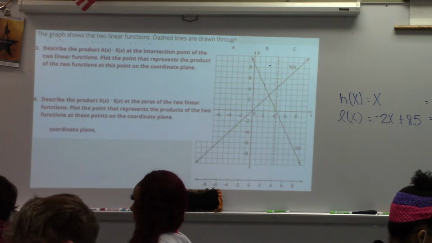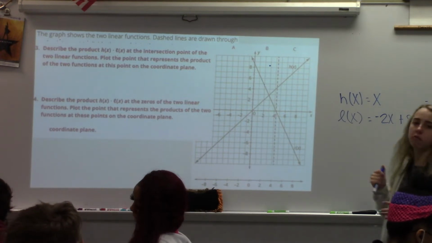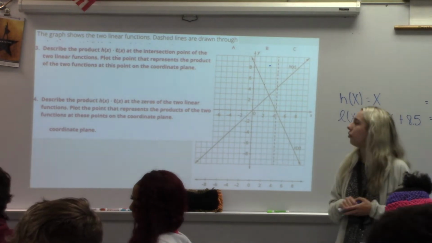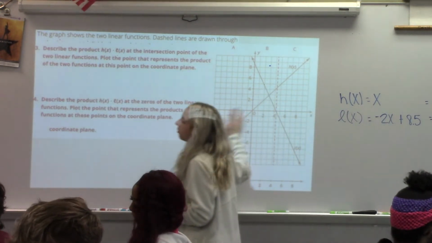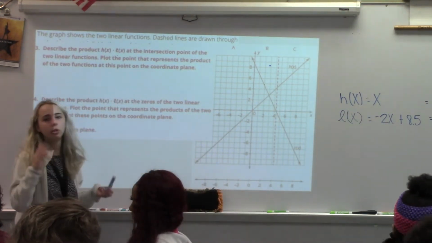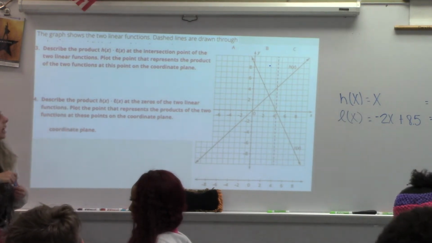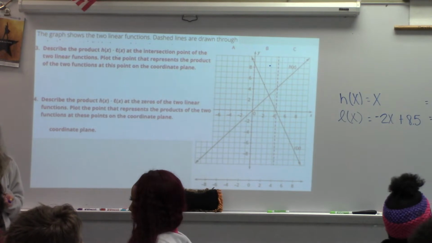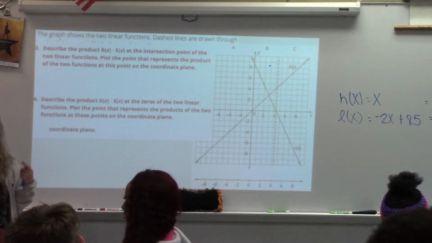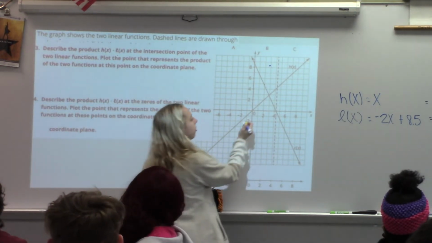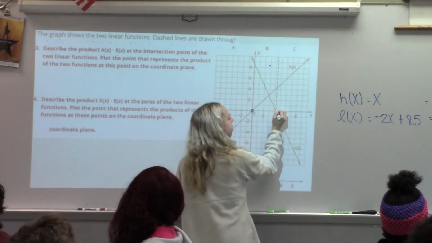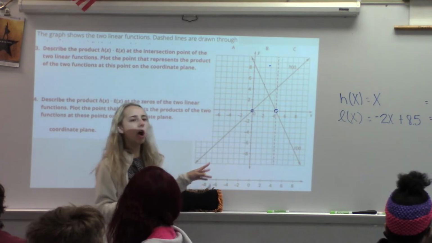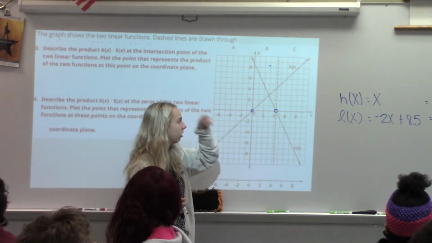Okay guys, let's look up here, let's go over number 4. It wants you to describe the product of your two linear factors at the zeros. So where do I need to look? We've got to look at the zeros. I'm looking here for an x value, and let's look at the corresponding outputs of the linear functions there.